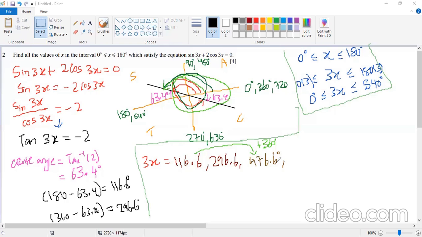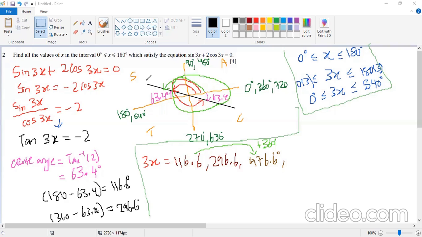We need to extend it all the way to this side. Is it possible? It's more than that, so no, it cannot. It's going out of the range of the 540. That is why this next one we do not write. There's no such thing, so let's remove that. That's why it's a bit confusing.